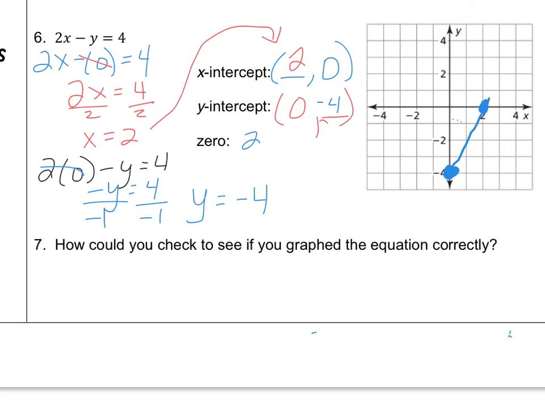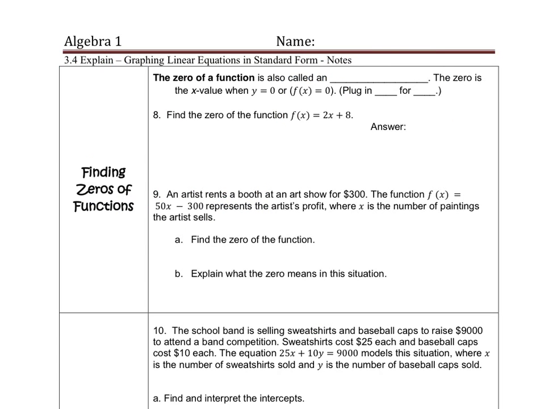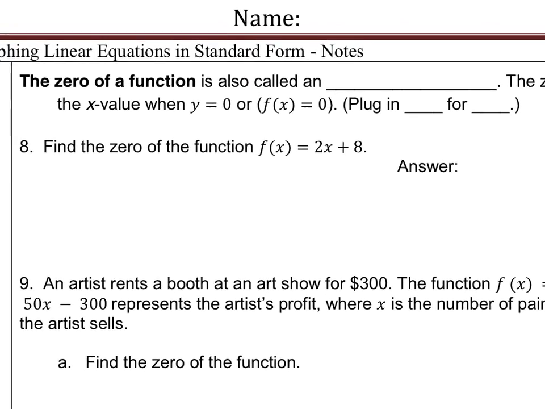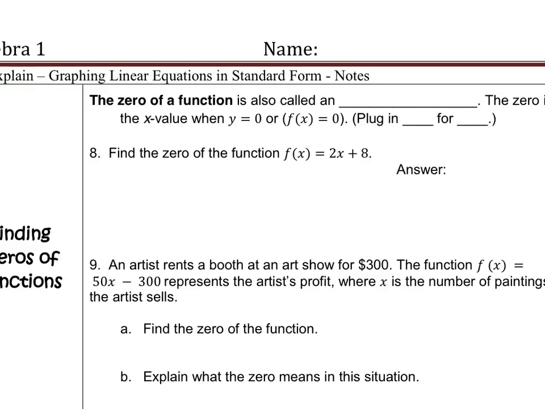Okay, so let's go ahead and turn the page. And as we learned in our last class, functions are pretty much the same as equations. So the zero of a function is also called an x-intercept, but we're actually using function notation.